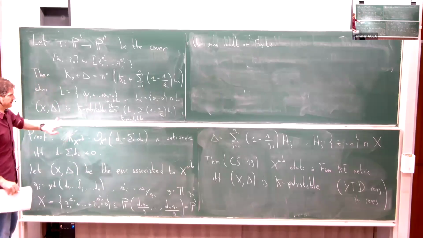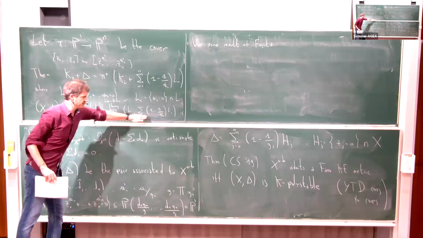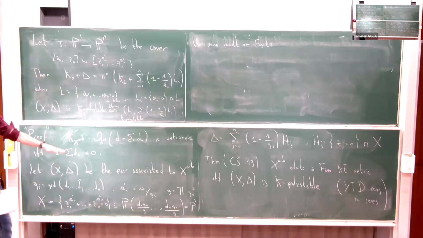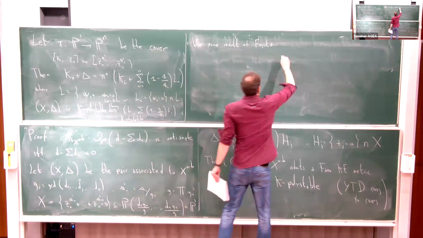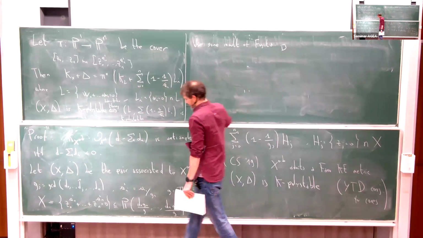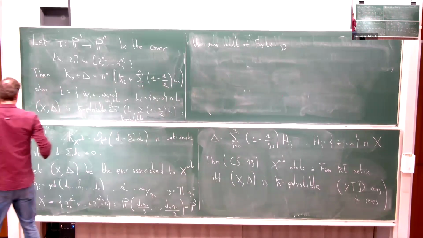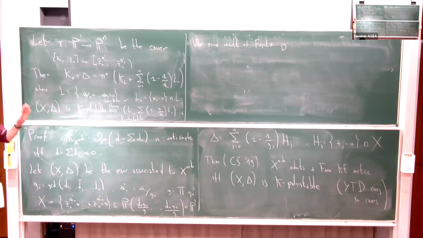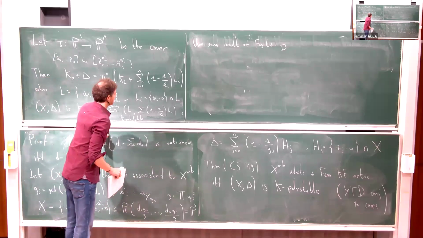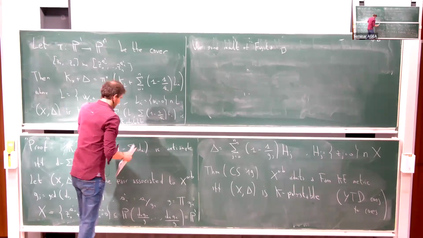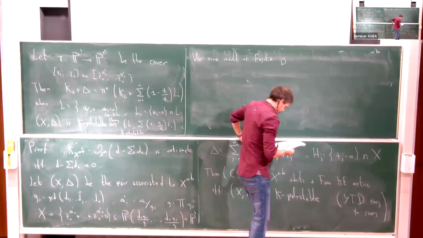So he writes down exact conditions on these coefficients, and you just check they are the same as the ones in the theorem. And you check that, yeah. Okay. Does it make sense? Okay, so this was the sketch of the proof.